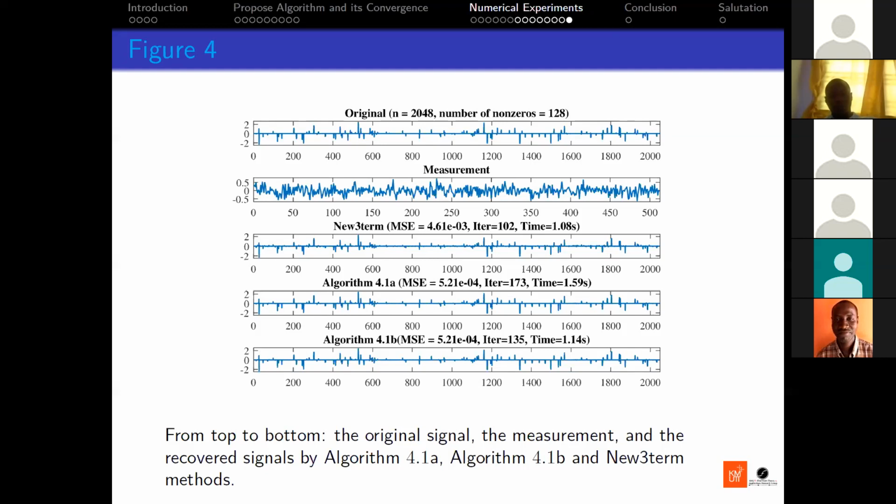Yeah, Dr. Auwal, one more question, please. Could you please show me the graph of your result? The first graph of your result. Yeah, the first graph. Okay, here. Not this one, the other one.